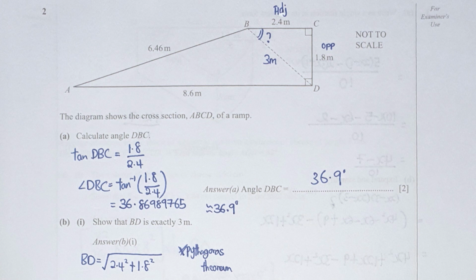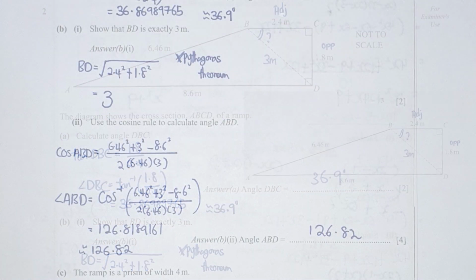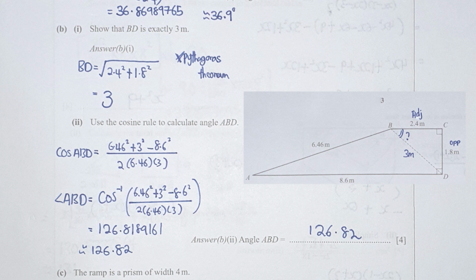This will get you 36.9 degrees after rounding it to 3 significant figures. To calculate BD, we will be using Pythagoras theorem, because it's a right angle triangle. So square root of 2.4 squared plus 1.8 squared will get you 3.